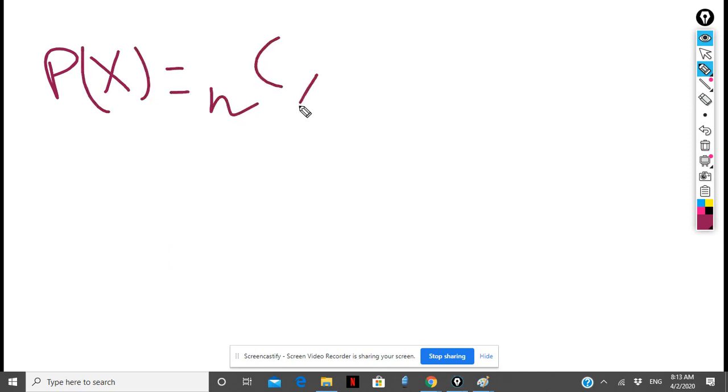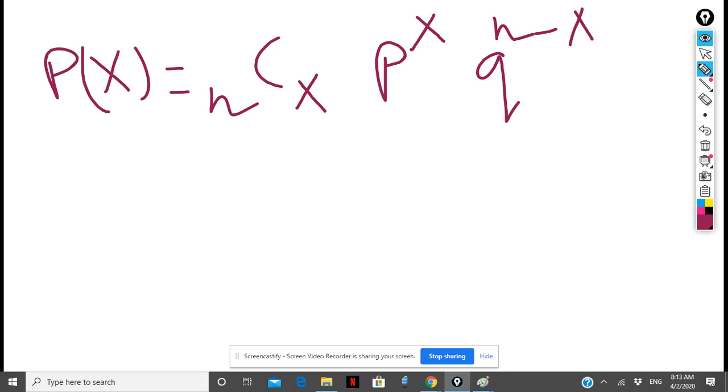We have a formula for the binomial probability. The probability of x equals nCx p to the power x, q to the power n minus x. So b of x is the probability of x.